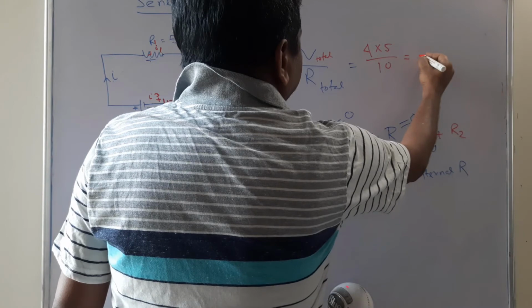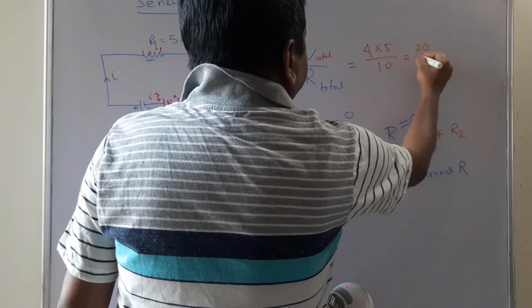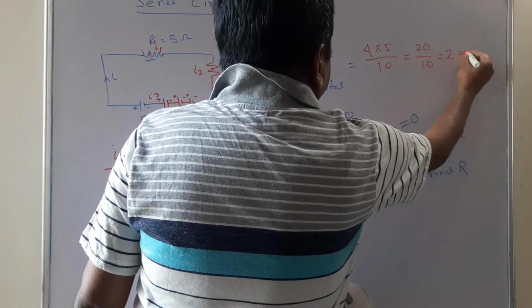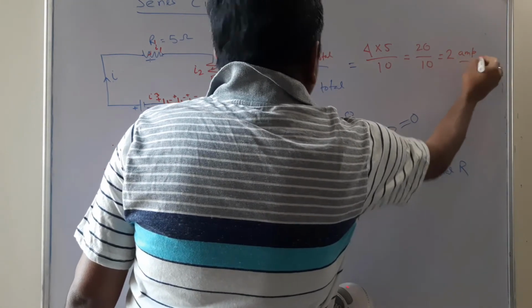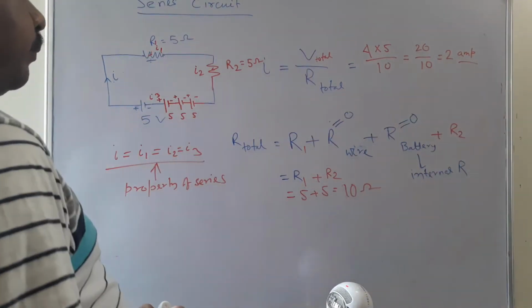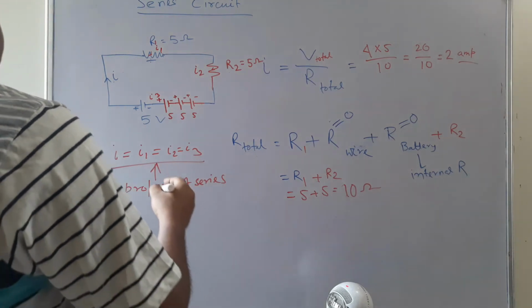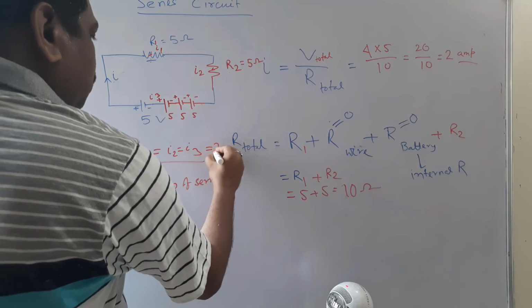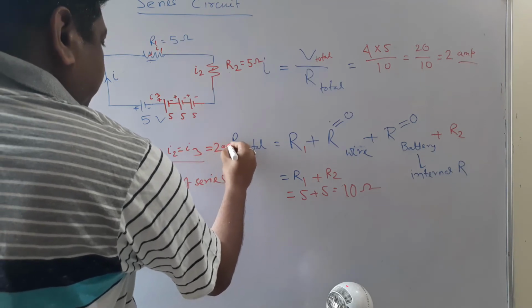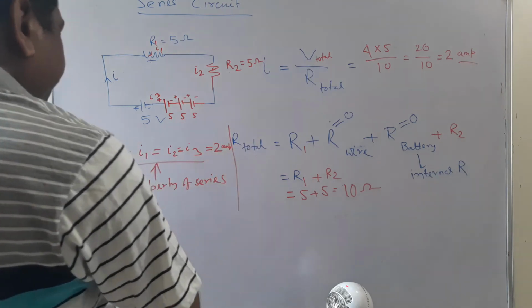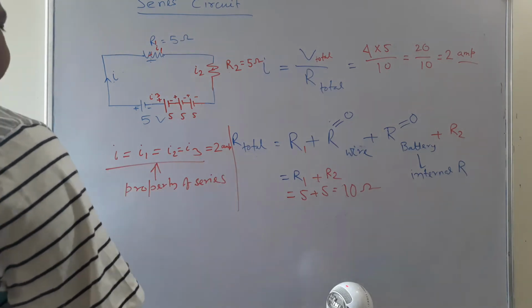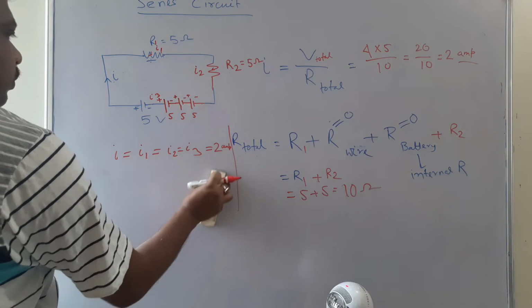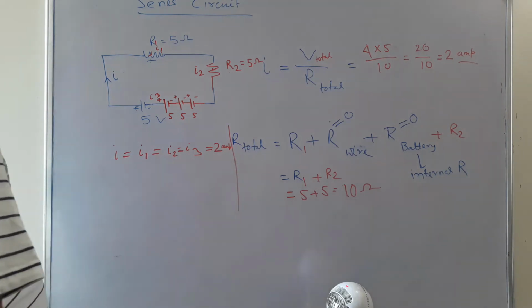So this equal to 20 by 10 is equal to 2 ampere. Okay, clear? So the current flow will be 2 ampere. I hope it is clear to all of you. Okay, so this current is 2 ampere.